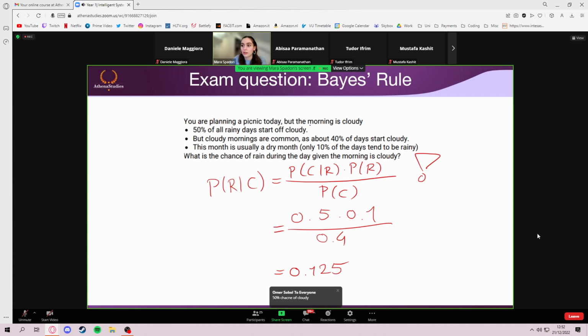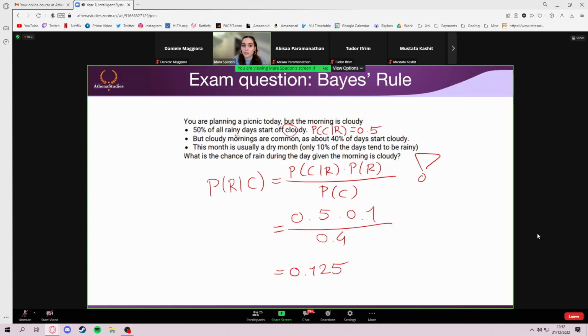It's given a rainy day. Okay, so almost. It says 50% of all rainy days start off cloudy. So it's the probability that we get cloudy given that it is a rainy day. So that is 0.5.